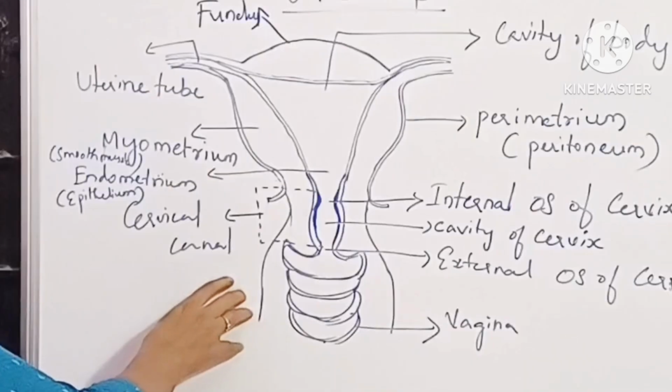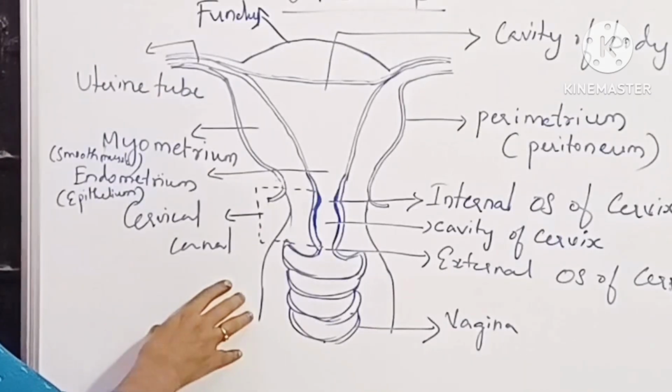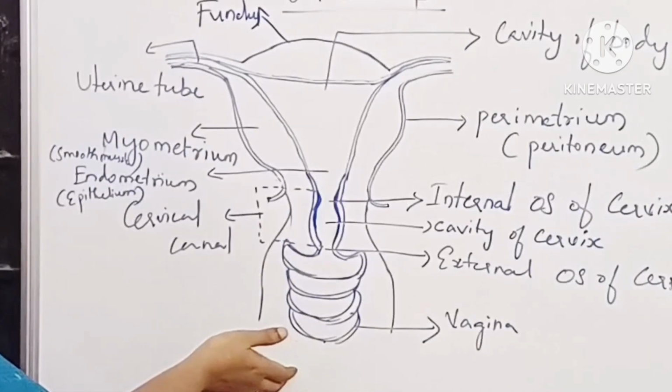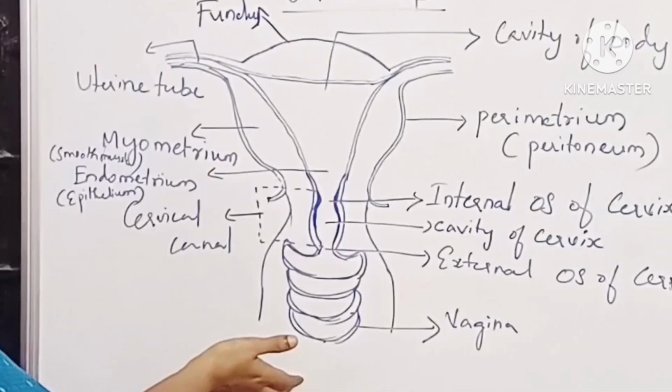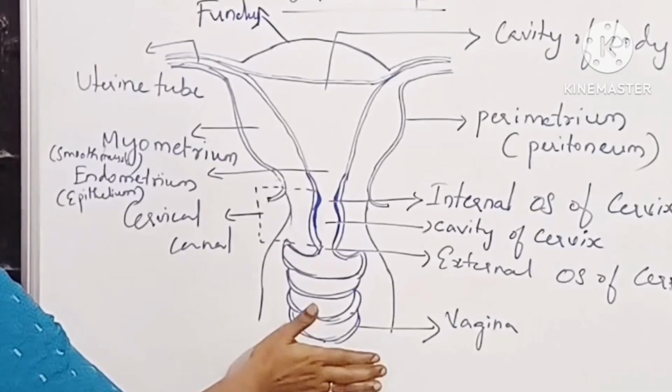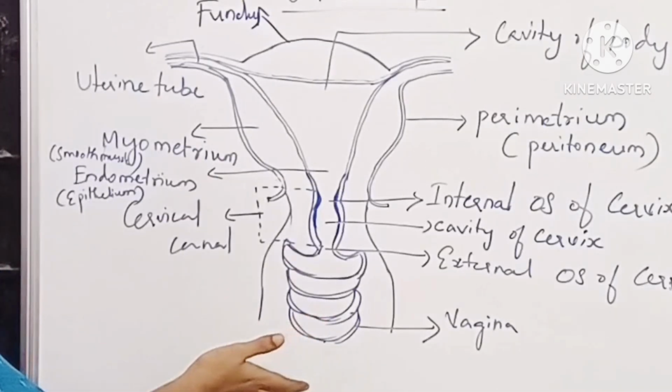In most women, it leans forward, that is called anteversion, and it is bent forward, that is called anteflexion. Most women have anteversion and anteflexion. What is anteversion?